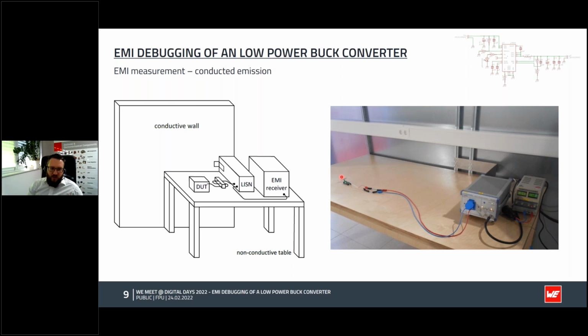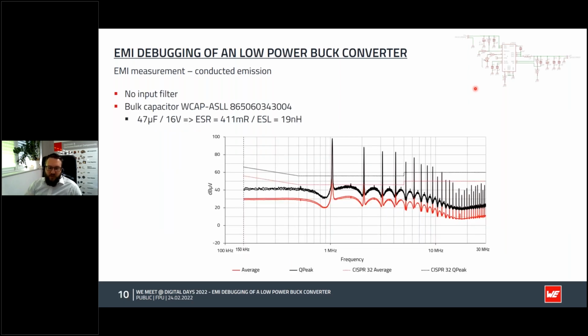Then the first measurement. The setup is what I show here. I know it's quite small, but you see it's really the first setup. And of course, as I hope a lot of you expected, there will be some issues, some noise. We see we have no input filter.